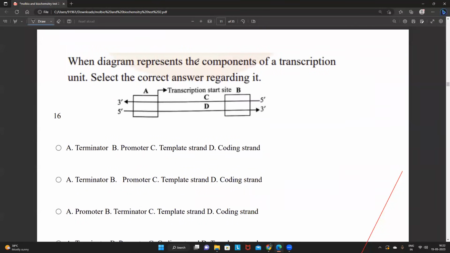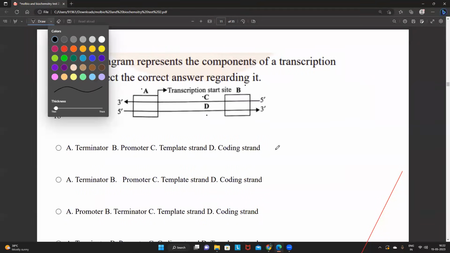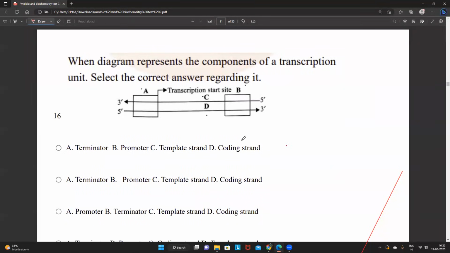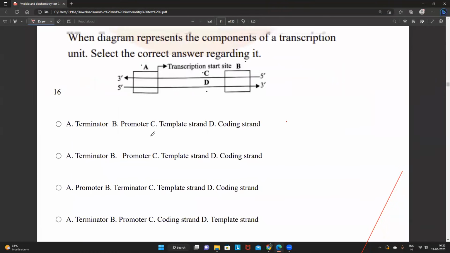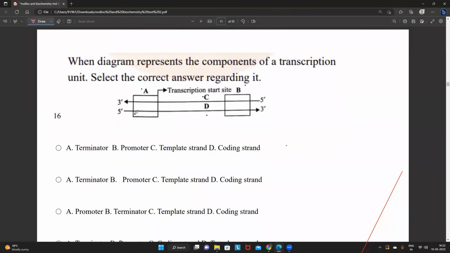Now see, in this diagram, you have to identify what is A, what is B, what is C, what is D. How easy to remember. You all commonly know that, friends. Transcription will start - you all know very well, the RNA polymerase enzyme will come and associate with the region called the promoter.